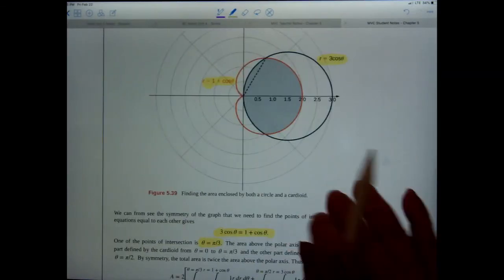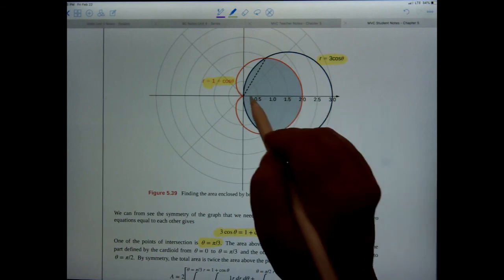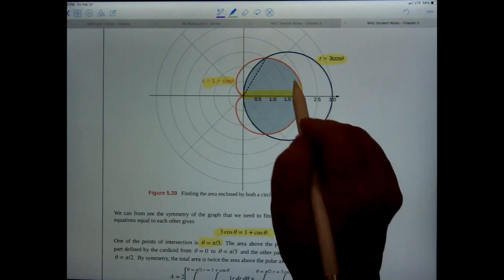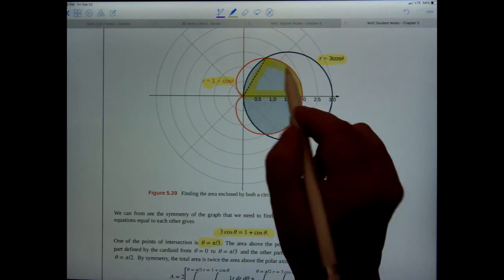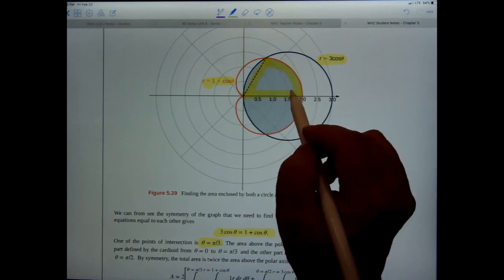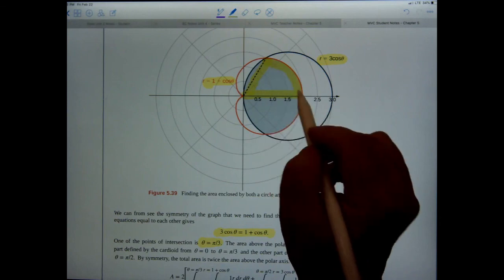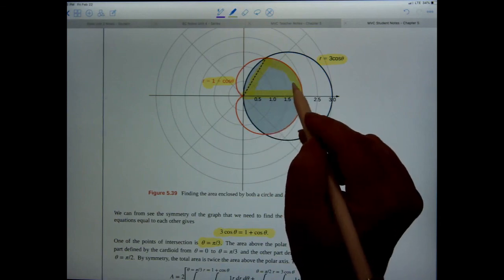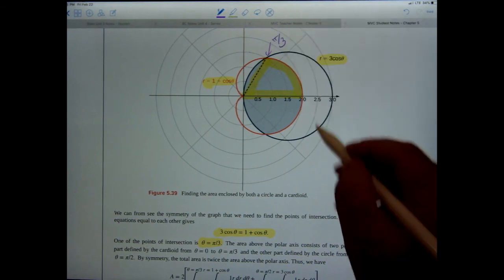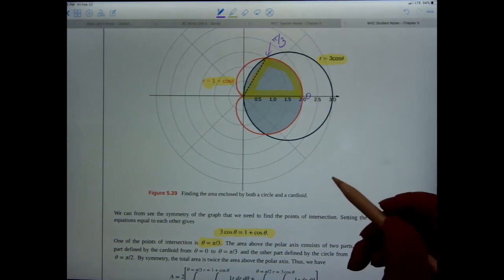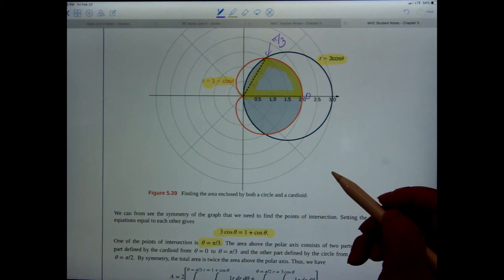It goes from 0 to pi over 3. Outer minus inner is the curve, the orange curve. Because this, hang on, this is pi over 3. So from 0 to pi over 3, where they intersect, is the cardioid.